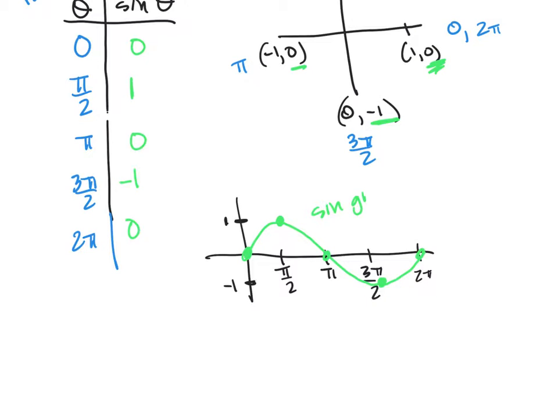Okay, let's go to the next page and do cosine. All right, so now we're going to do the graph of the cosine function. Again, the cosine are the x values.